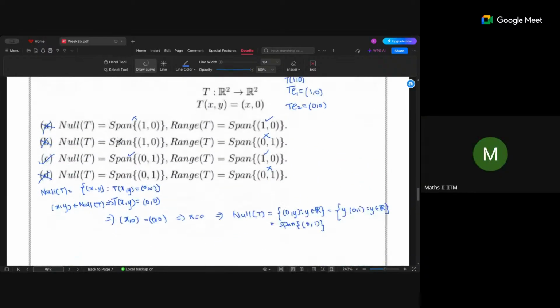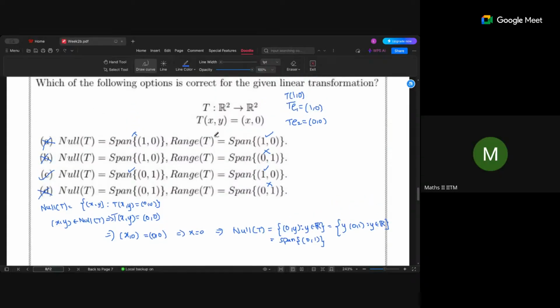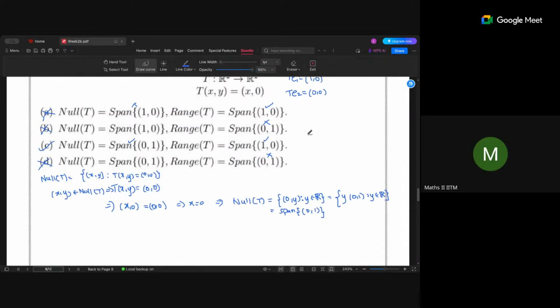Now the same thing can be done with the matrix also. We already know what TE1 and TE2 are. So what should be the matrix for T then? Can you tell what is the matrix for this transformation? 1 0 0 0. Yeah, so this is the matrix. Now from here also you can get the same answer.